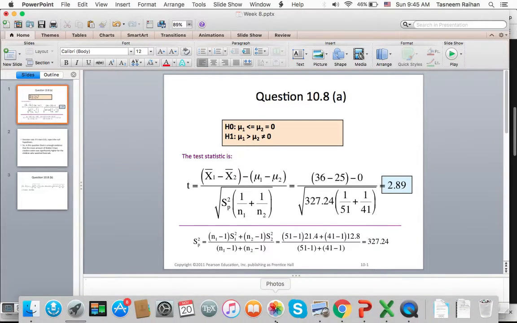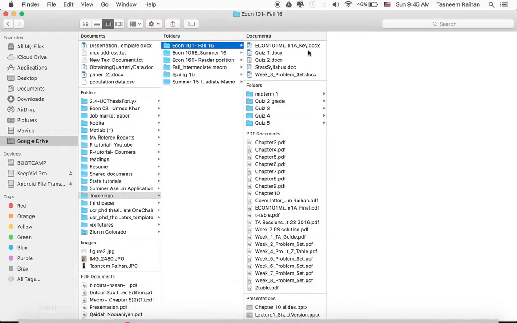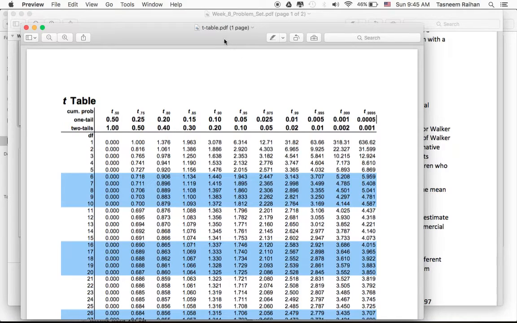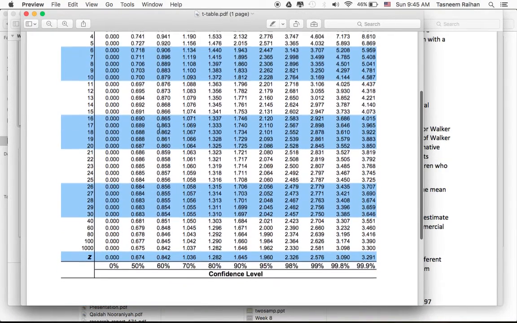Let me just quickly find the t-table. There you go. Here's our t-table. We have our degrees of freedom, 90.